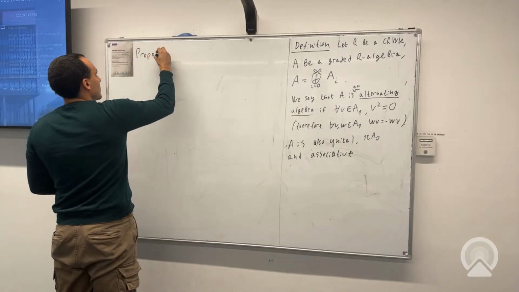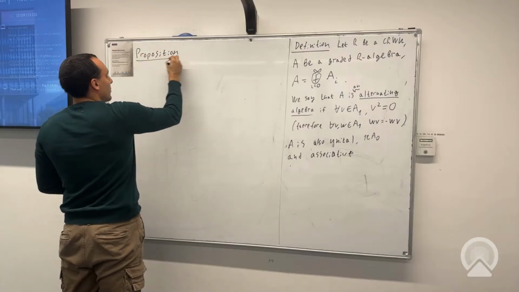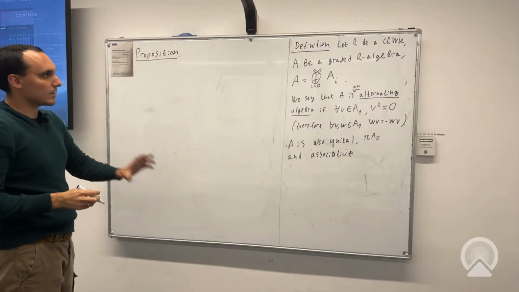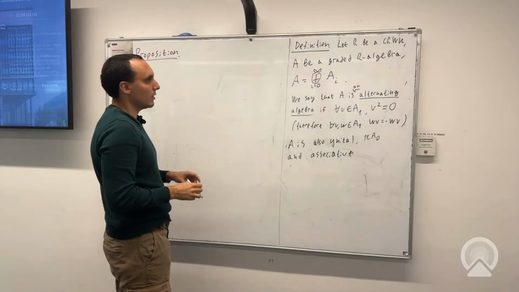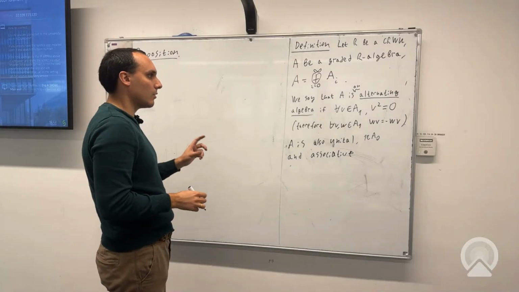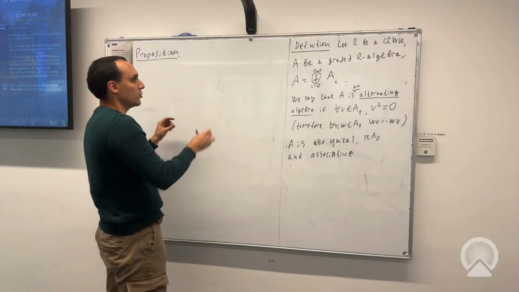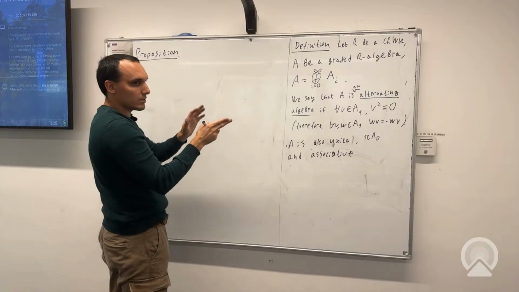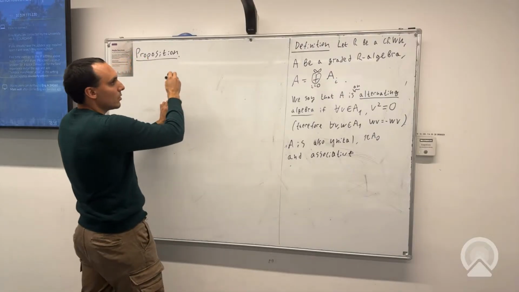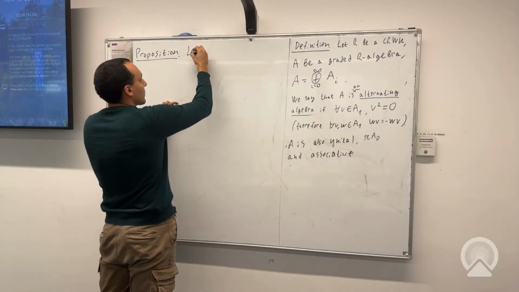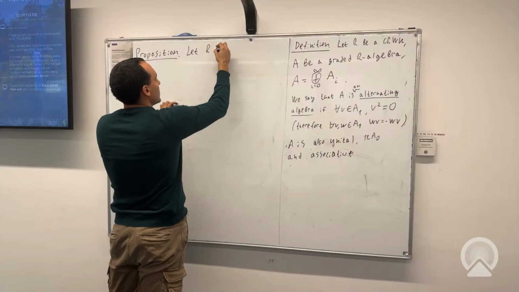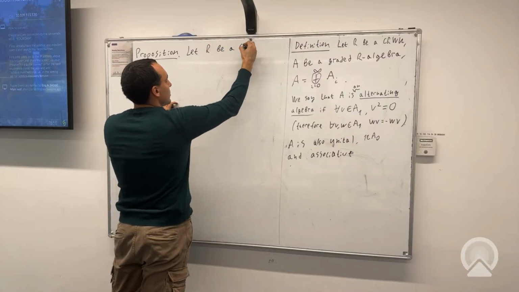So let's state some propositions, and next time we will discuss a specific one, the exterior algebra of vectors of a module. But now this is general. So let R be a commutative ring with unity.